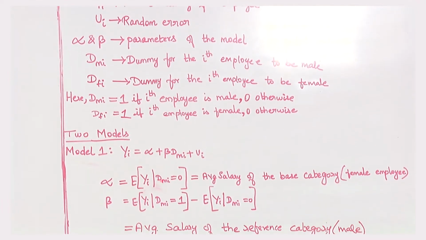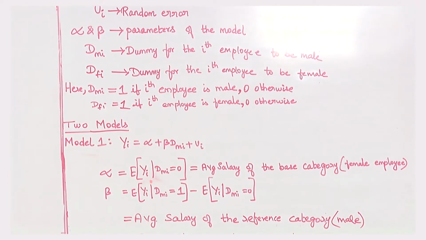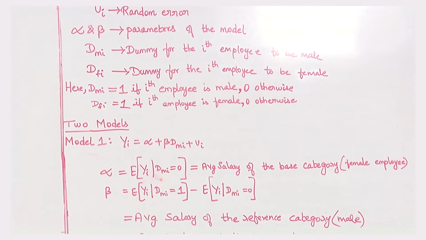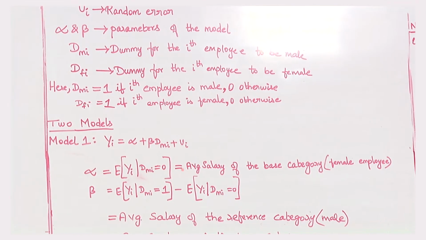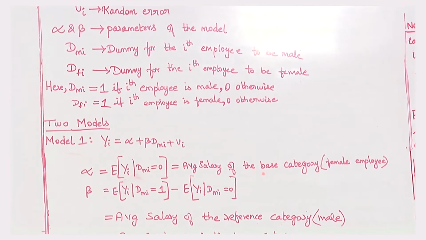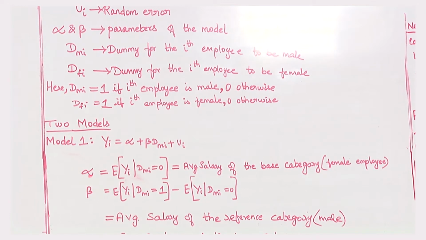Alpha is nothing but the conditional average of y given DMi is equal to 0. That means, average salary of the base category or the female employee here in this case. So, alpha is nothing but average salary of the base category or the average salary of the female employee.